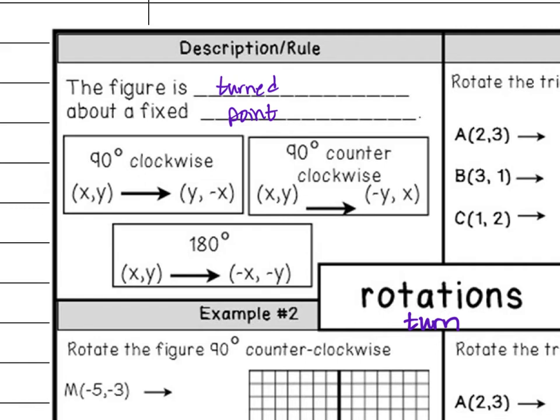If it's not around the origin, it's around a point, I would slide the figure over. However far that point is away from the origin, I would slide it so it's in that position to rotate around the origin and then slide it back.